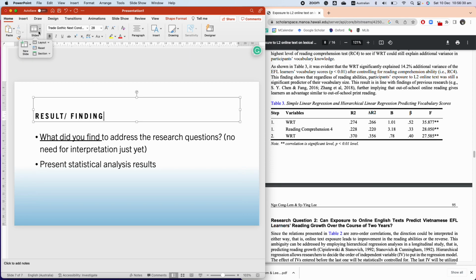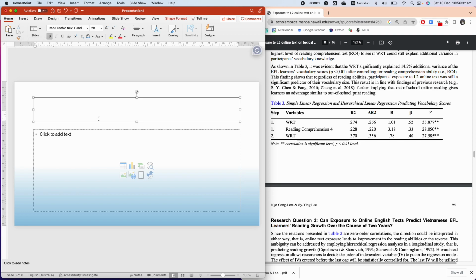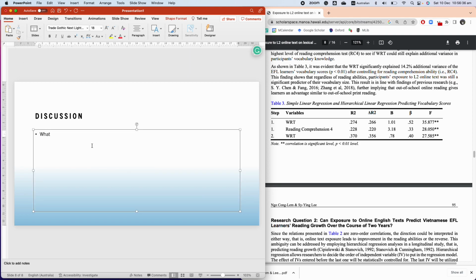Now the next section is where you interpret what it means. It's called the discussion. In this section you talk about what the findings actually mean for the purpose of the study. This is where you interpret what it means.